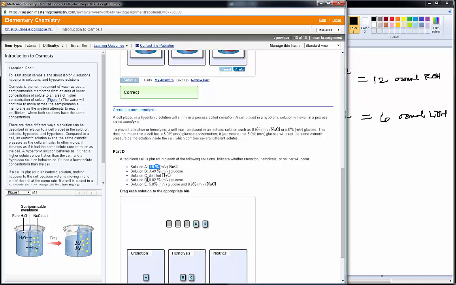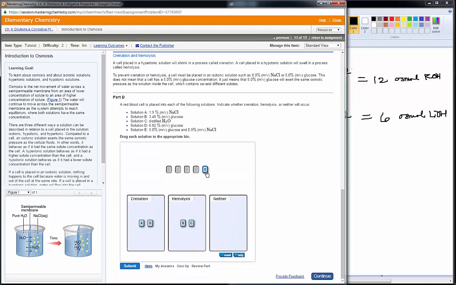Solution D, that is higher than our 5% for our isotonic solution, so that would be crenation. And solution E, if it contains both glucose and sodium chloride, even if each of those independently is isotonic, when you put them together, it's basically twice as concentrated as it needs to be. So that will also contribute to crenation.